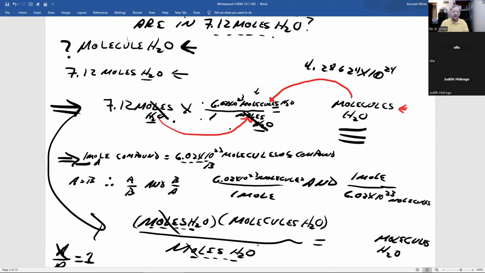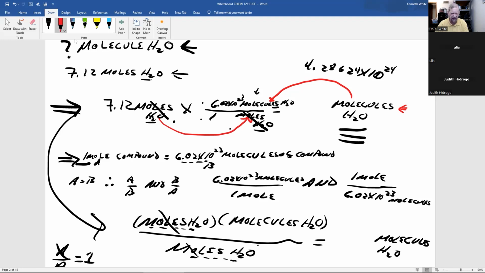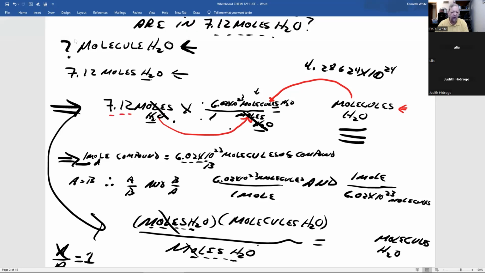And remember, when you're multiplying and dividing, you get the same number of significant figures in your answer as the number that you're multiplying or dividing that has the fewest significant figures. 7.12 has 3 significant figures. 6.02 has 3 significant figures.